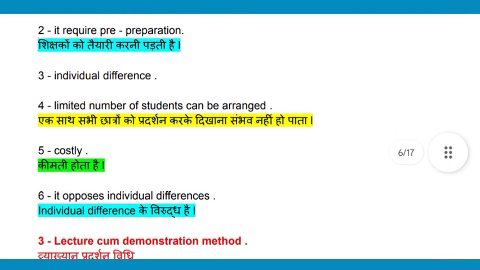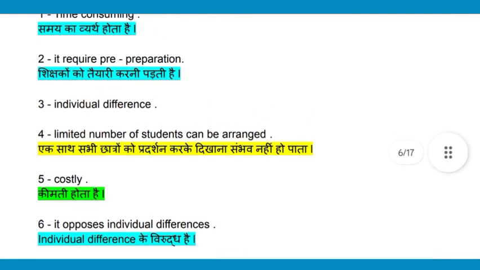So a limited number can be arranged. Fifth is costly, because the teacher has to use some teaching aids. And sixth, it opposes individual difference because some students who are slow learners may not be able to understand all the things, so it opposes the individual difference principle.